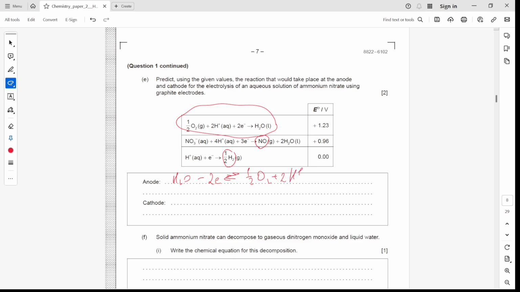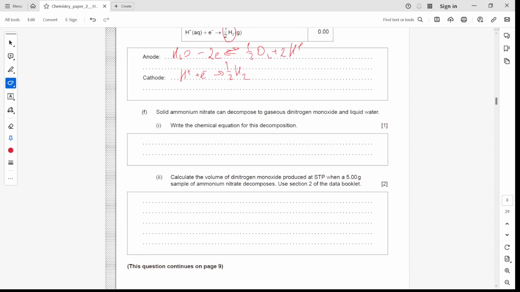And on the cathode, we know that nitrate ion during electrolysis can't form NO. So for the second reaction it is just the last one. There we need to write the following equation. Dinitrogen monoxide is basically dinitrogen monoxide.